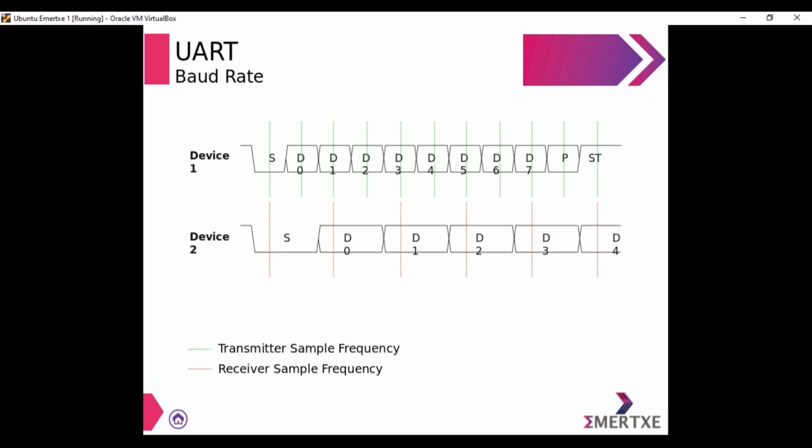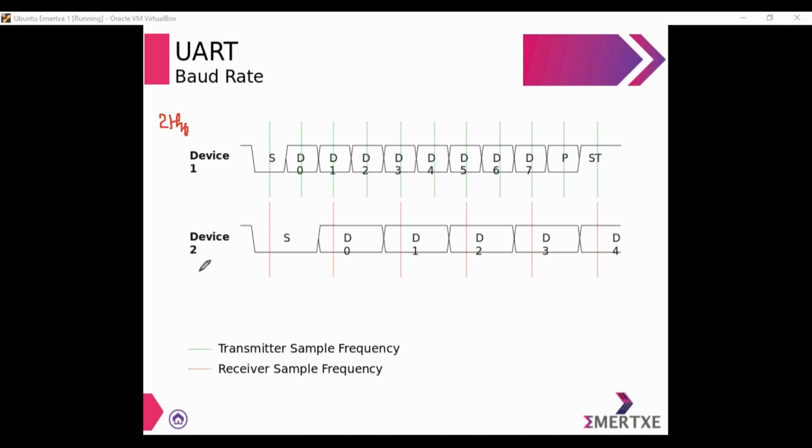Now here is an example which shows what happens if the two devices are not working with the same baud rate. What if the two are working with two different baud rates? Now assume the frequency at which device 1 is working is, let's say, 2 hertz. Assume it is faster.